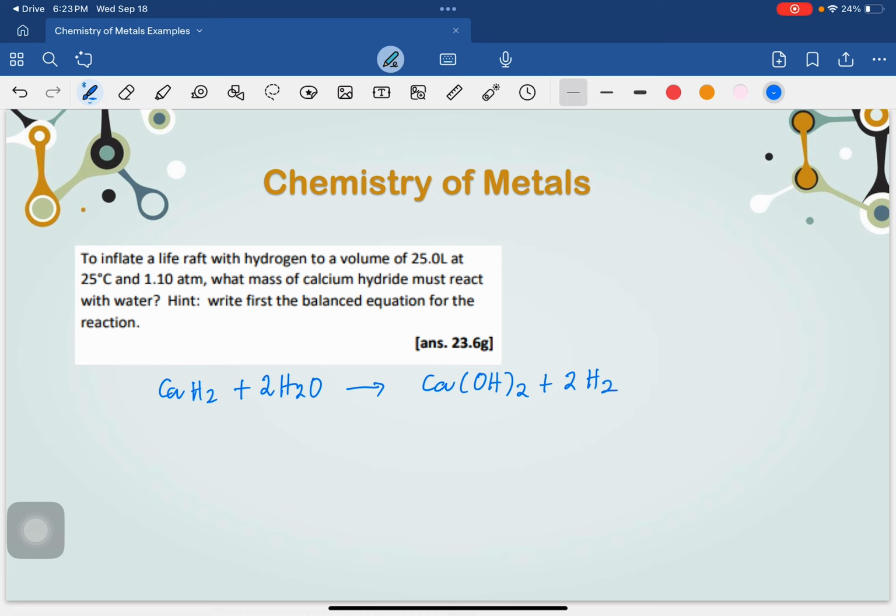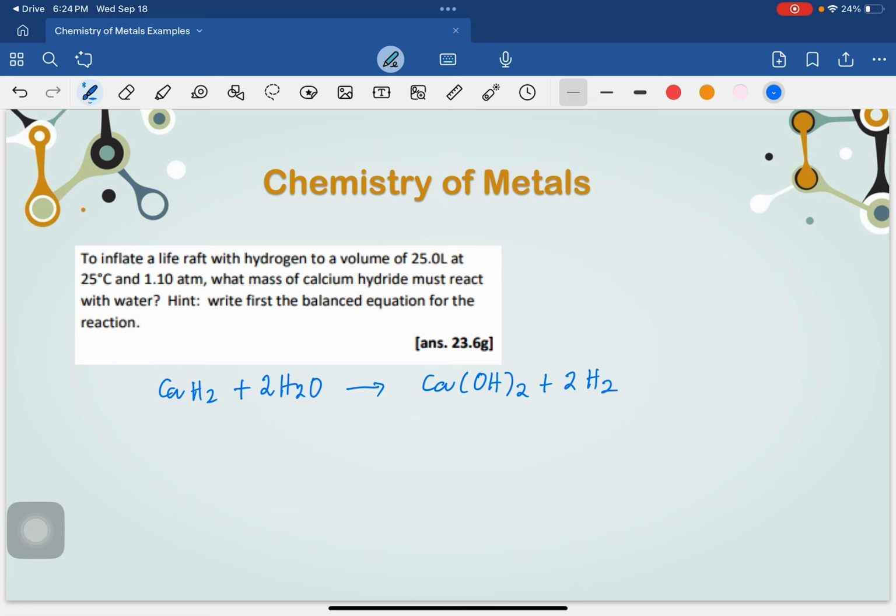This part is purely for problem solving. If you need a refresher on the combinations, you can always go back to our lecture notes, for example when a metal is combined with water, or when a metal is combined with hydrogen gas.